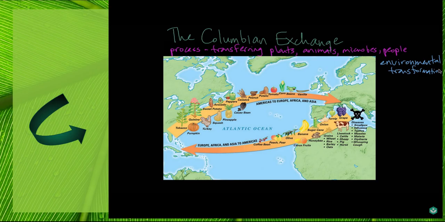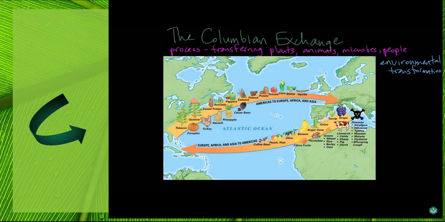So let's look a little bit closer at some of the things that were exchanged across the Atlantic after Columbus began the process of bringing things from the Old World to the New World and from the New World to the Old World. So first, let's take a closer look at the plants. Now, Spain, much like Portugal, was hoping to use this tropical landscape to grow cash crops.